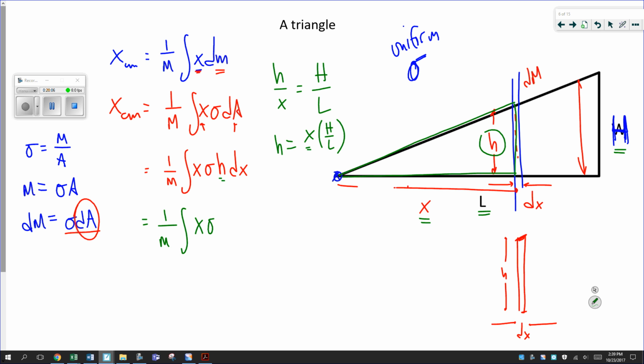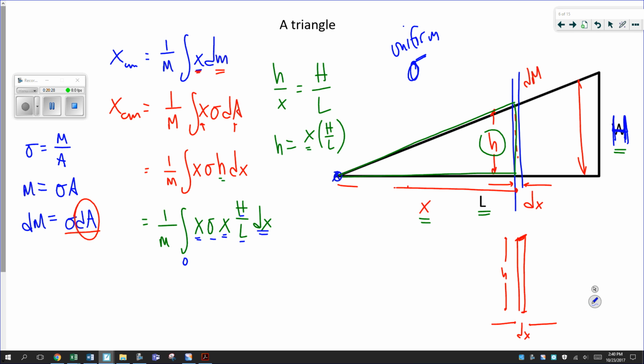So, x sigma, h is x H over L, dx. What does x vary from? Because now we're down to constant, constant, constant, variable, variable, d that variable. Good. So what does our variable vary from?